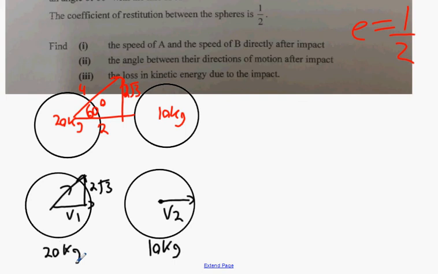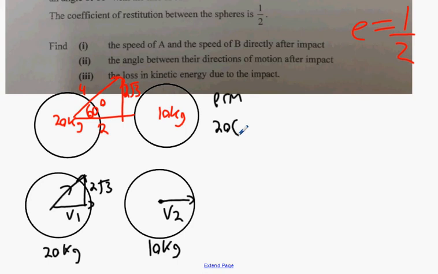Okay, PCM, principle of conservation of momentum. M1 by U1, 20 times. Now people wrote down 4. It's PCM along the I direction. Conservation of momentum takes place in any direction, technically speaking, but we zone in on the I direction.